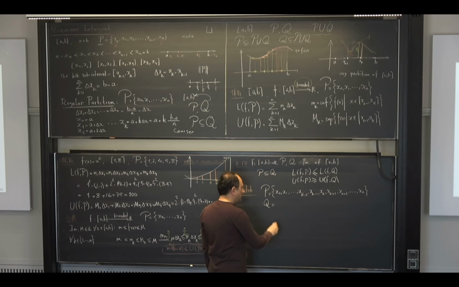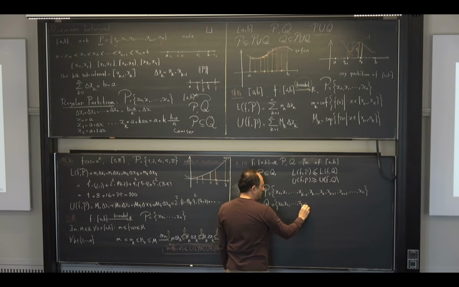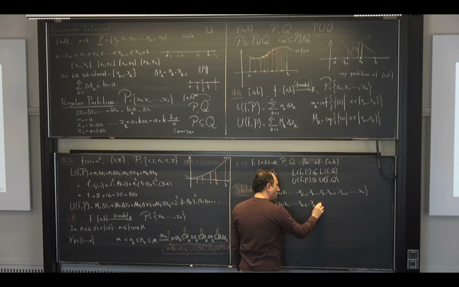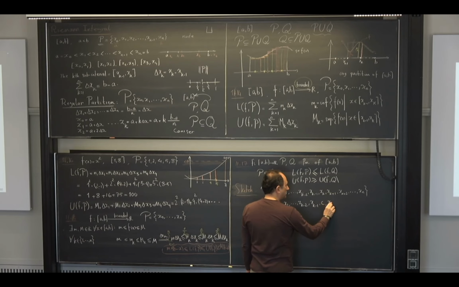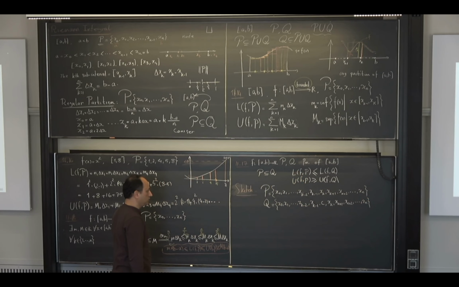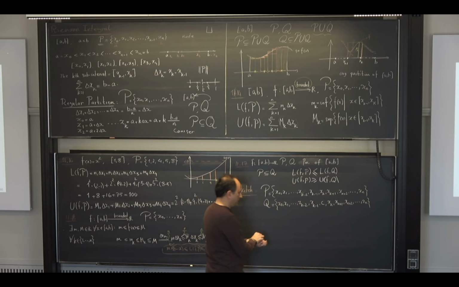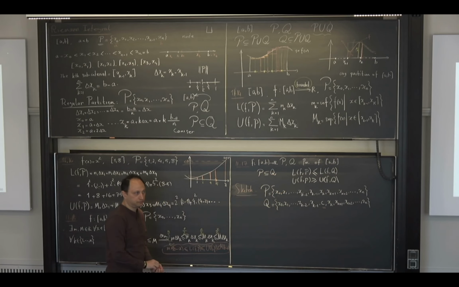So Q is x0, x1, up to xk minus 2, and then xk minus 1. But now my extra point, let me call it C, and then I have the rest of it. So I have these two partitions. So Q is a refinement of P, but has only one extra point in the kth interval. Yes?